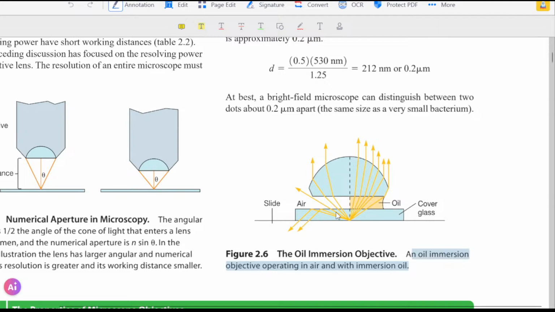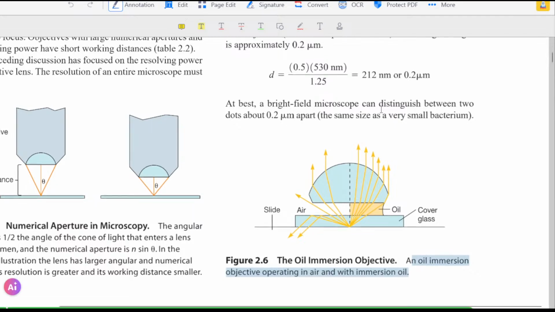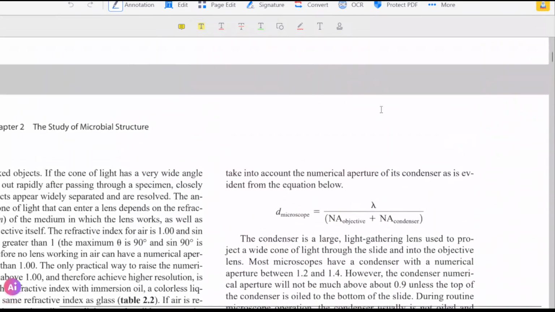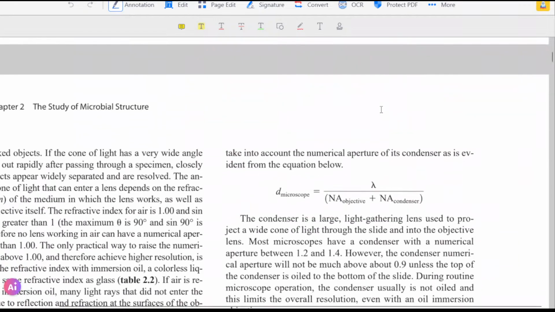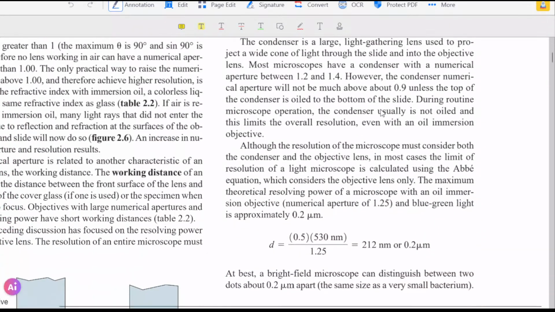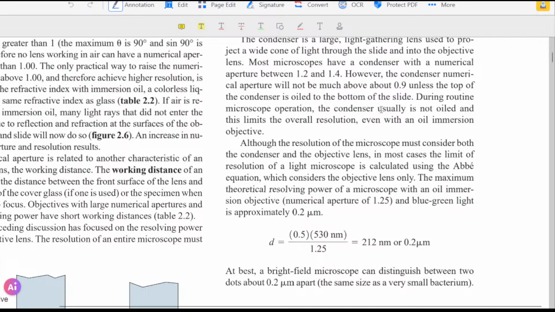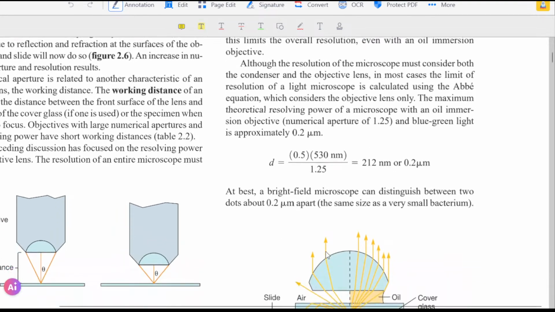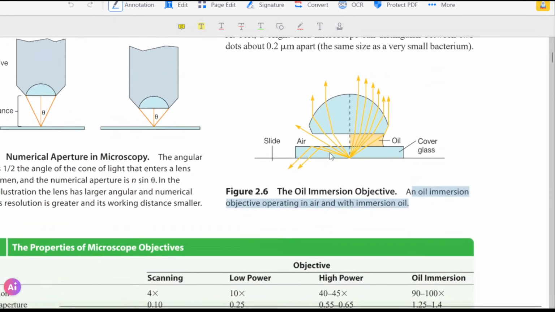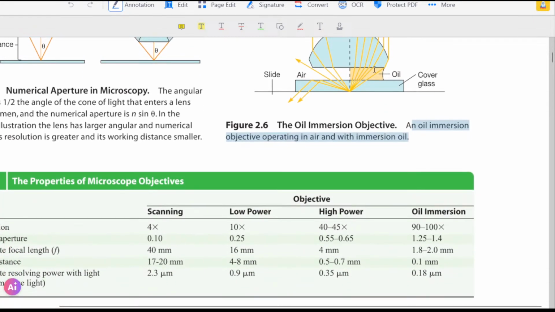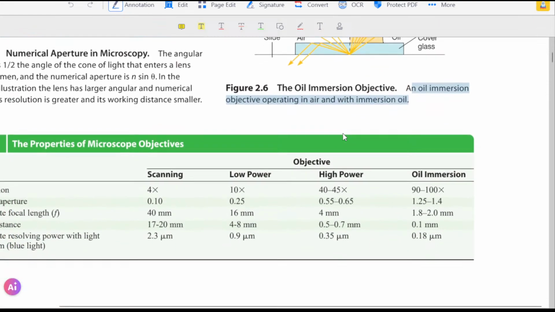Okay, so they put the oil in the middle and then the light passes through it. Wait, did they put the oil on the glass or did they put oil on the lens? I completely thought that they put oil on the objective. Whatever, it works the same way. The light doesn't change its trajectory that much because oil kind of captures it, and most of the light goes through it.